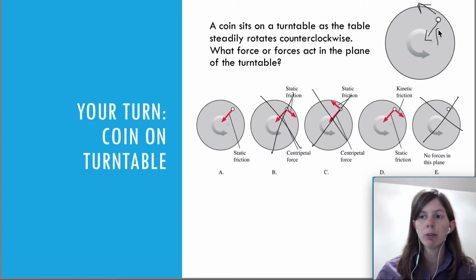That static friction force is preventing the coin from slipping, so it's keeping that coin stationary. Now, is there a kinetic friction force? Well, there would only be a kinetic friction if it was actually moving relative to the turntable, but it's still relative to the turntable. There's no kinetic friction. So the answer is A.